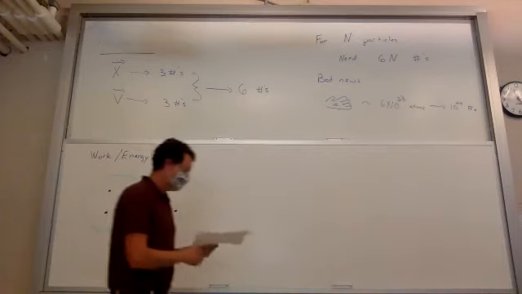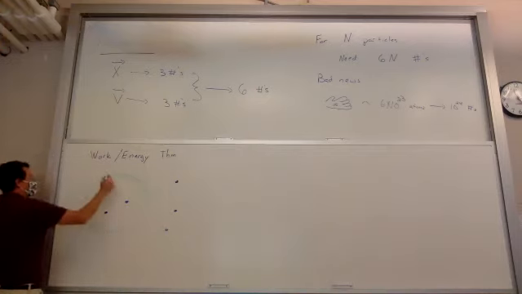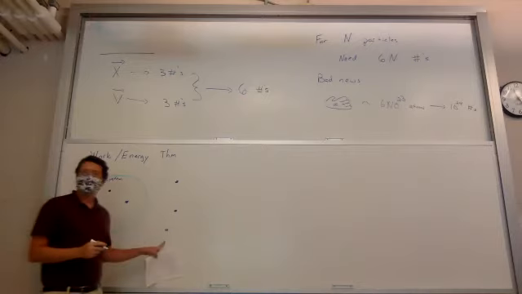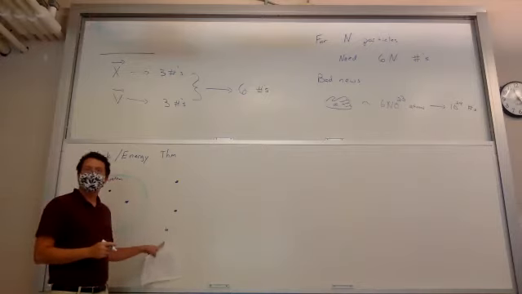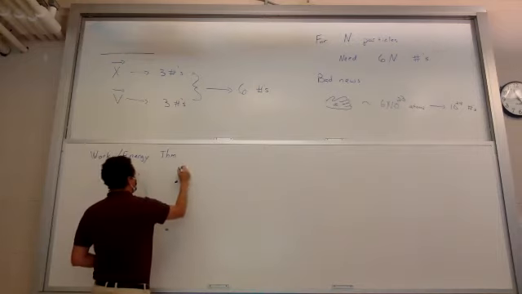Defining a system. So everything inside the circle will be my system. And everything not in the system, what will I call that? You can give lots of names, but how about environment?